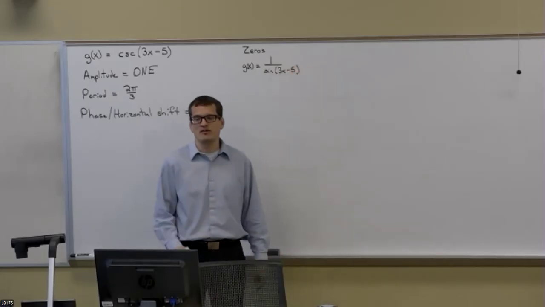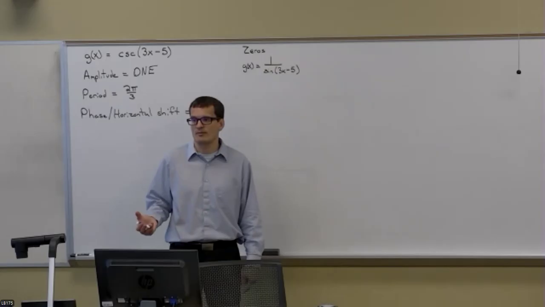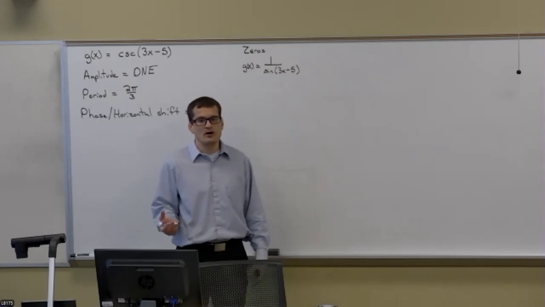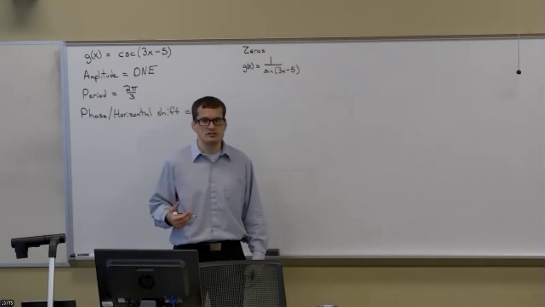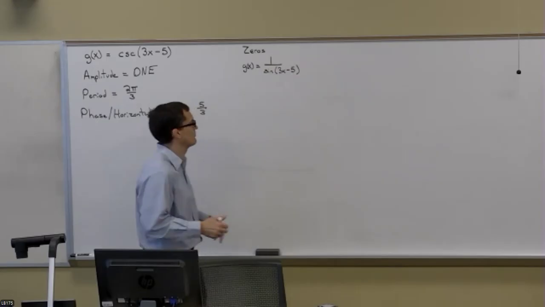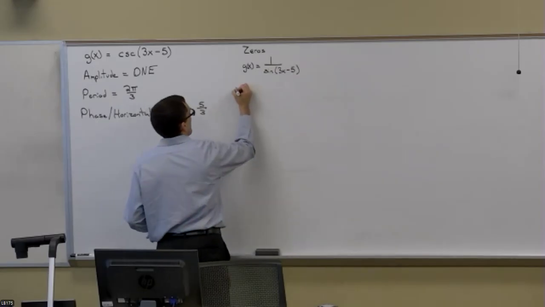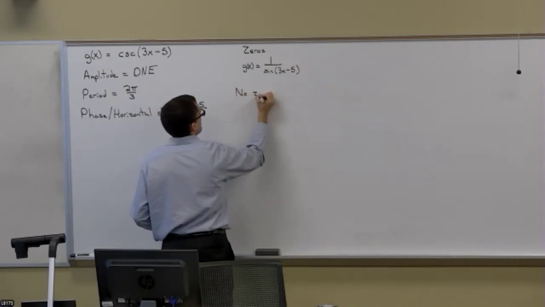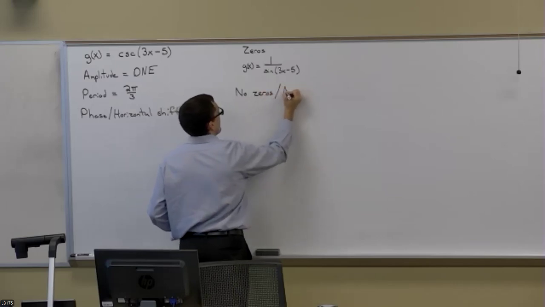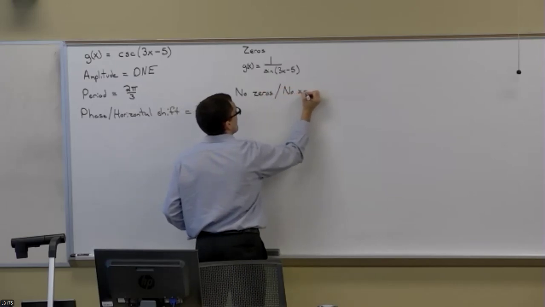And you can ask yourself, when is the numerator 0? And it's never 0, right? So there are no zeros for this function, which means also no x-intercepts. So no zeros. No x-intercepts.